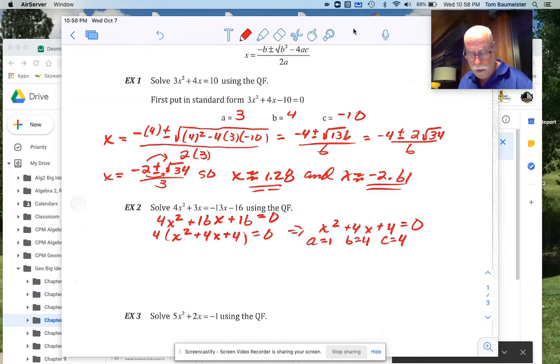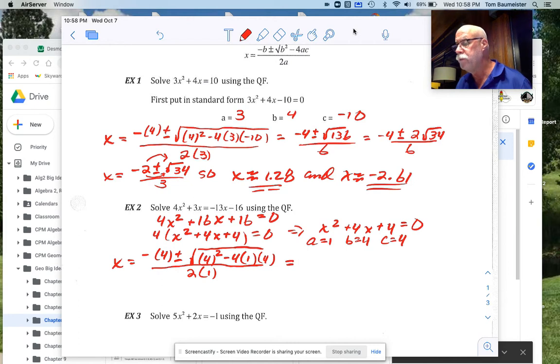Plug it into the equation. x is equal to negative 4 plus or minus the square root of b squared, which is 4 squared, minus 4 times a times c, all of that over 2 times a.